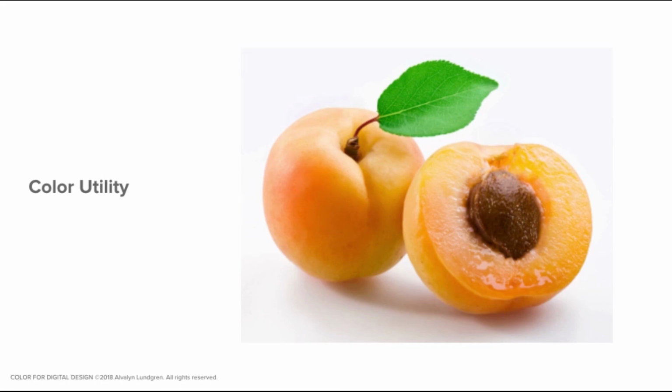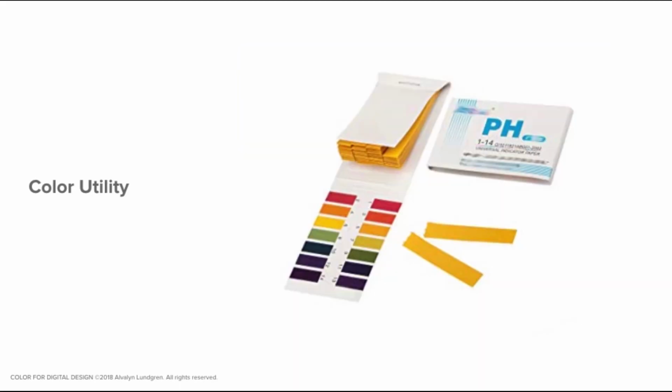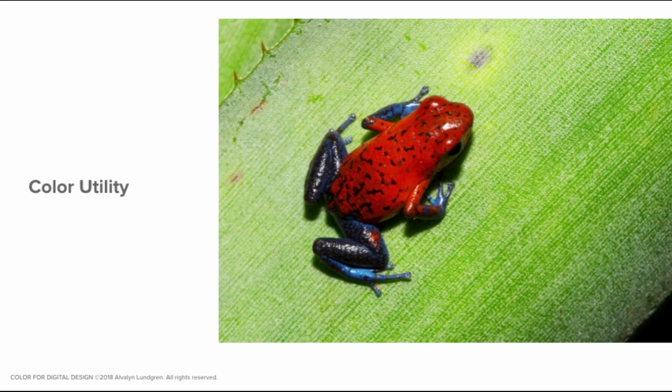If fruit is still green, it's not yet ready to eat. If it starts turning brown, it might be too late to eat it. So we look for color clues all the time. Another way that color utility comes into play is to communicate what certain substances are, like in the case of litmus papers.